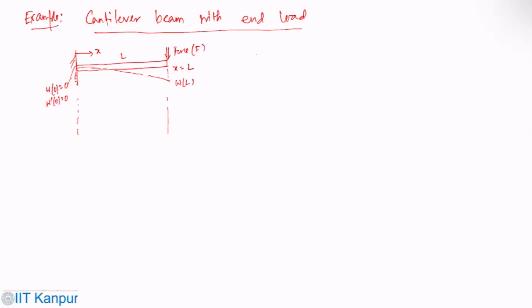So what we have, Mx equals EI d2W by dx2, which is F into (L minus x).